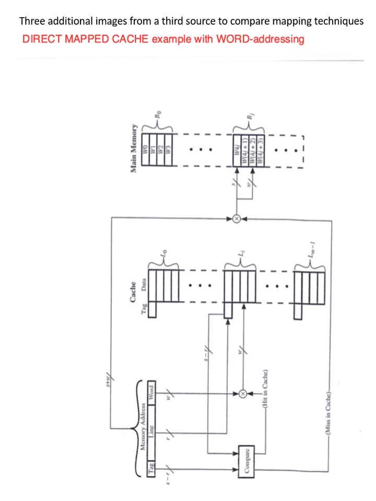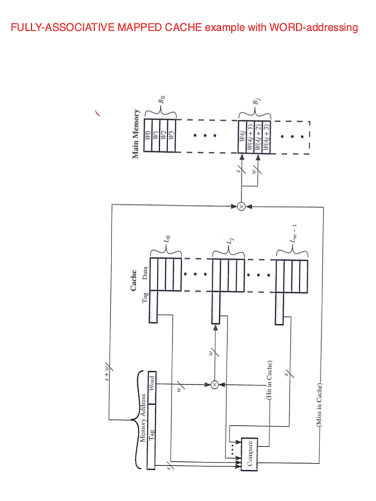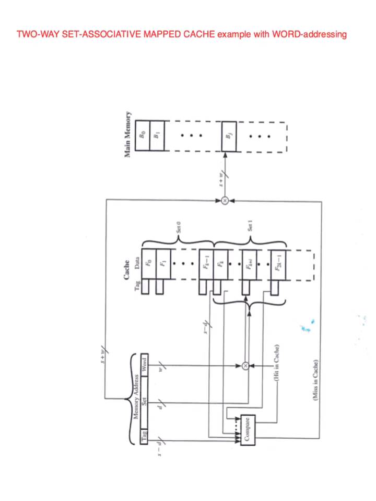Can be compared from a third source, textbook, I believe I got from 3 different textbooks I remember from the past. And this is the direct mapping in that third text. The fully associative in that third text. And the set associative, the 2-way set associative in that third textbook.